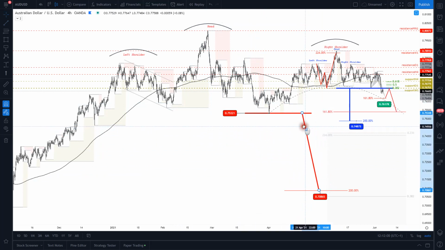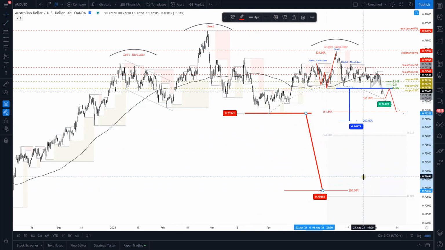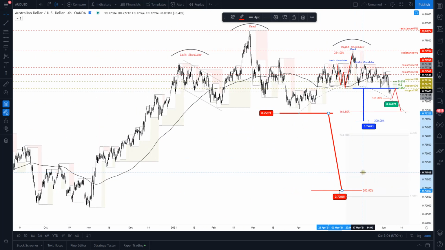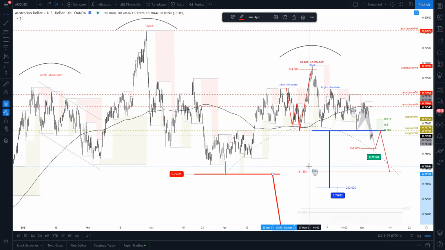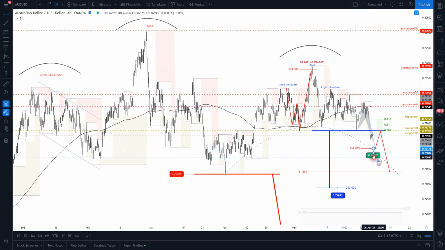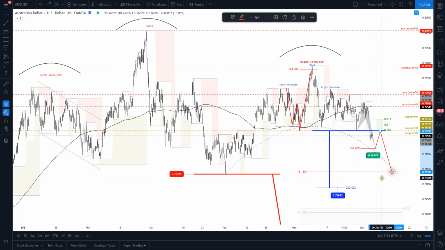And of course, the violation of this support may also trigger even a deeper retracement for the Aussie. Let's see what will happen. Again, let's not ignore the potential pressure zone at 76.17, but ultimately we will see a retest of the bottom.